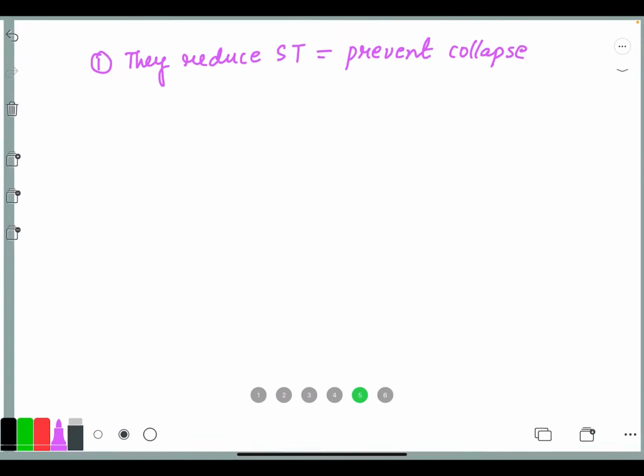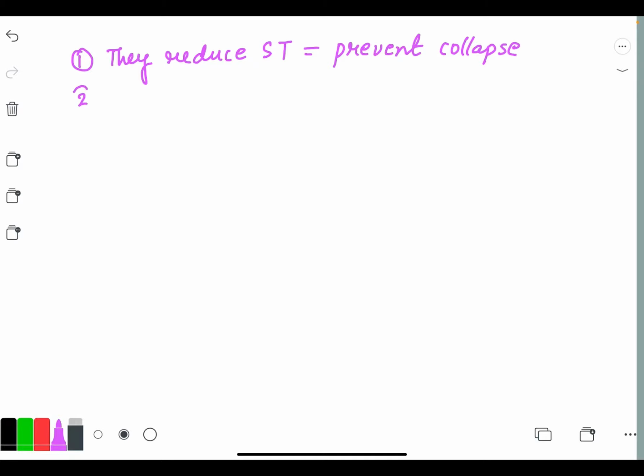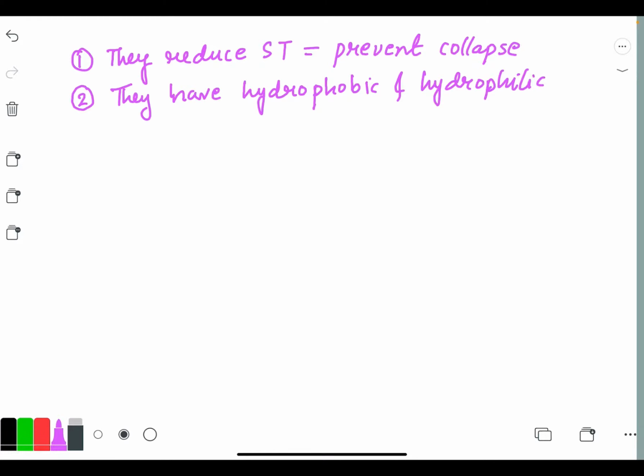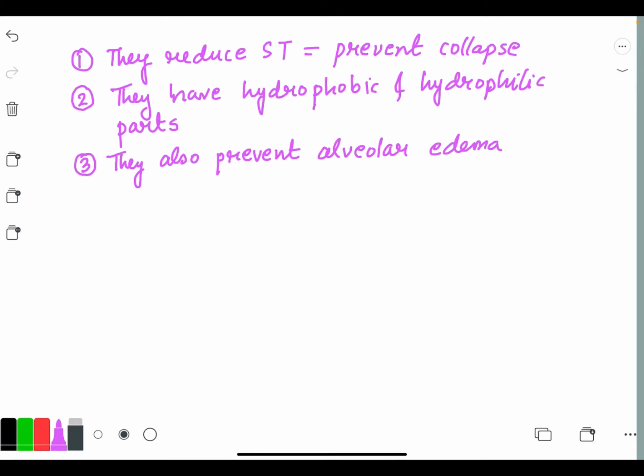Second, they have hydrophobic and hydrophilic parts. Third, they also prevent alveolar edema. How is that happening?